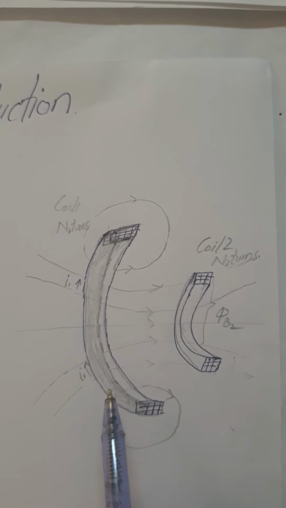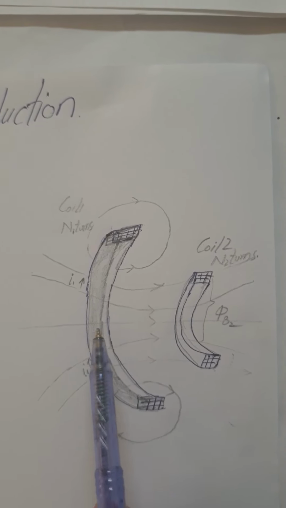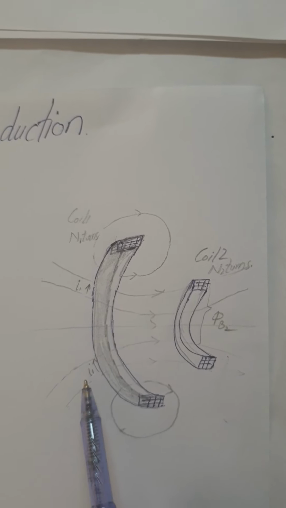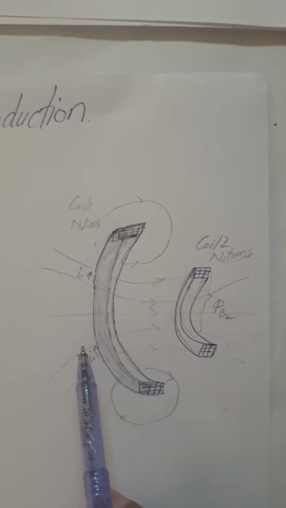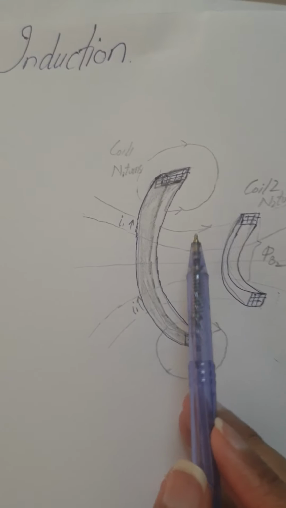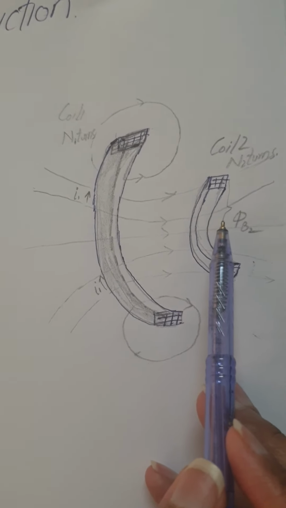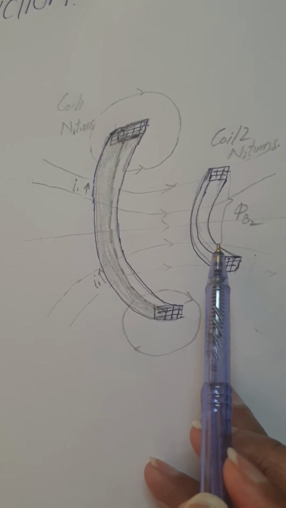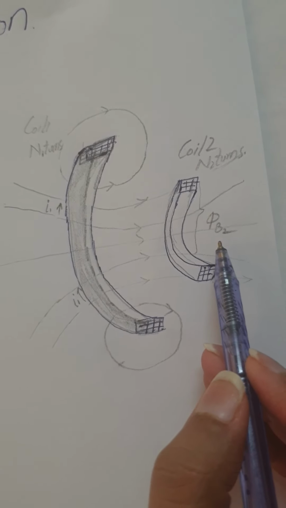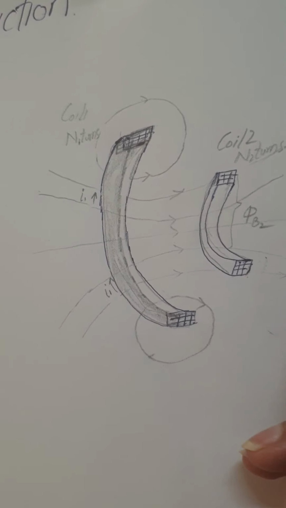The magnetic flux. So in this figure, a current I1 in coil 1 sets up a magnetic field, and some of these magnetic field lines are passing through coil 2, and this is represented by phi B2, which is the magnetic flux caused by coil 1.